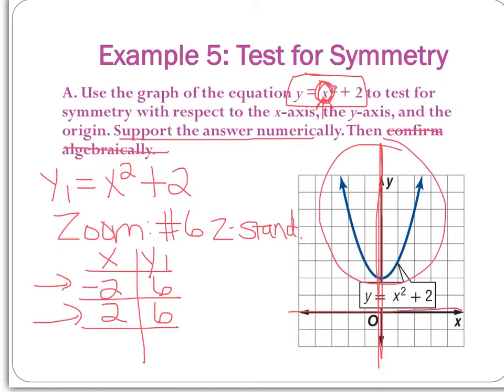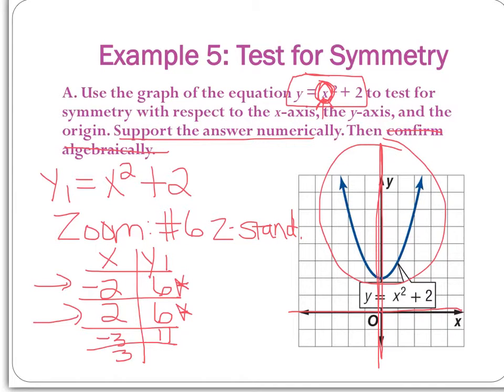So when you are looking at this table, I'm going to check another pair of opposite x values to make sure that's not too good to be true. But I'm thinking, since I got the same y values here, that we have y-axis symmetry. If I plug in -3 for x, I would get 11 for y.